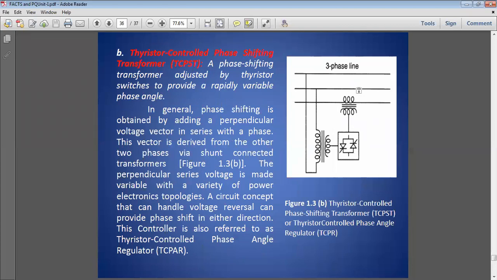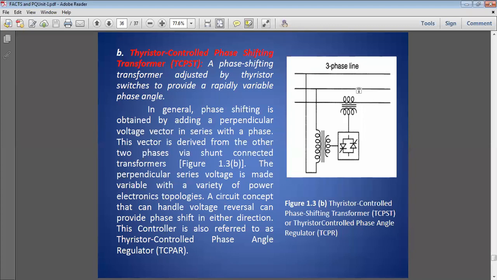Now, one more thing is that many times we have to change the tap of the transformer. Tap changing of the transformer is a very effective means of compensation. If you visit any substation, even an 11 kV or 33 kV substation, you find a step change in the voltage that we can obtain with the help of tap changing of the transformer, connected with the high voltage winding.